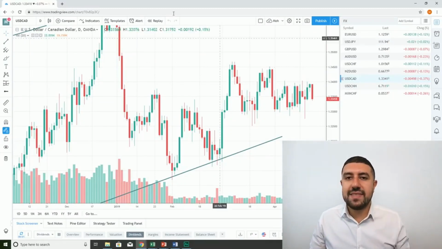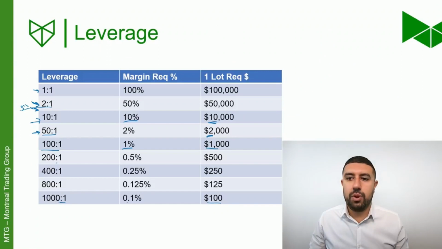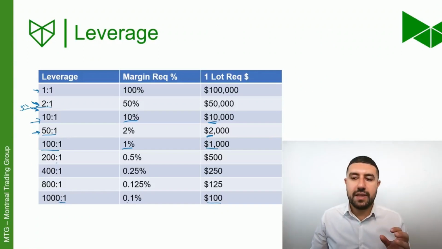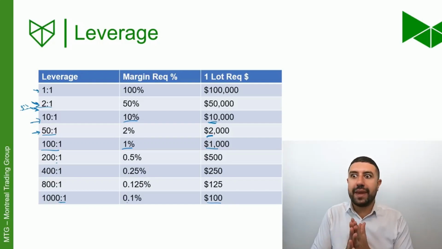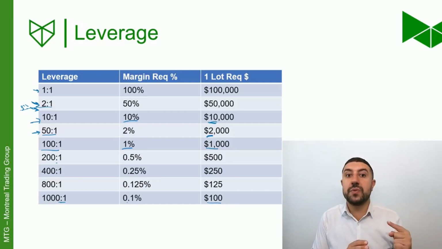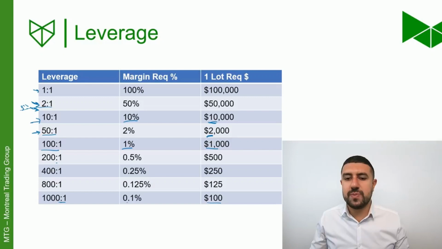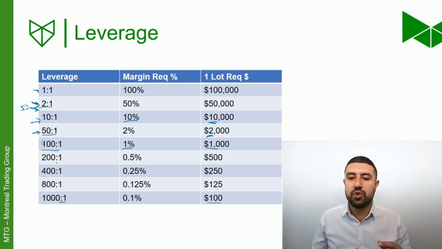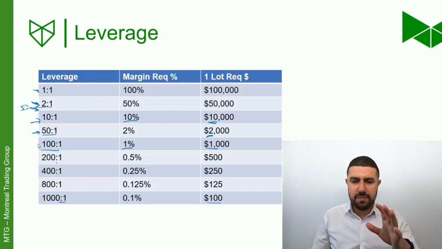But it's just to understand that leverage is a double-edged sword. A lot of newbies that come into the market think, okay, I can get this much leverage, I want this broker because it gives me the most leverage. Well, you shouldn't use this much leverage. That's too high. You'll lose all your money. So you have to do proper risk management to know what type of leverage you want to use.